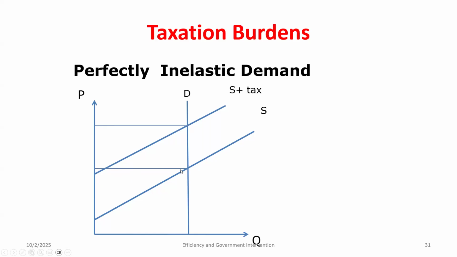So producers are going to have the exact same producer surplus, so they didn't bear any of the burden. If consumers are perfectly inelastic, they don't respond at all, they're going to bear the entire burden. So this new price consumers pay, it's up here. My new consumer surplus is going to be this rectangle. All of that consumer surplus that we saw before is going to be lost and paid to the government.